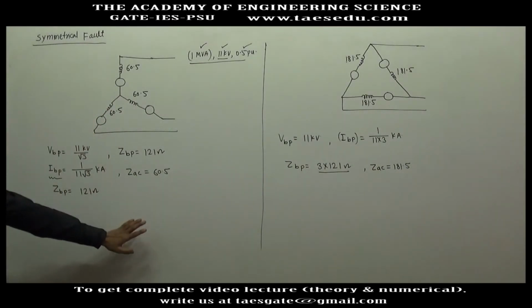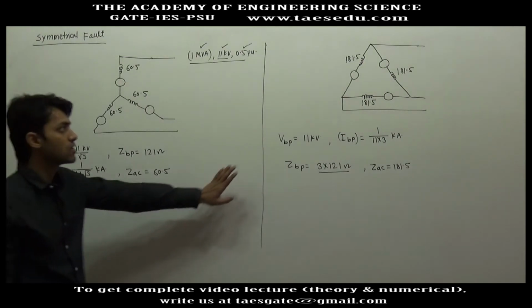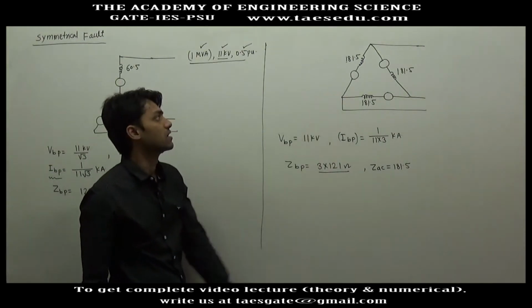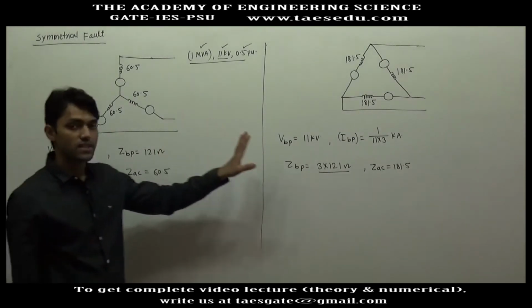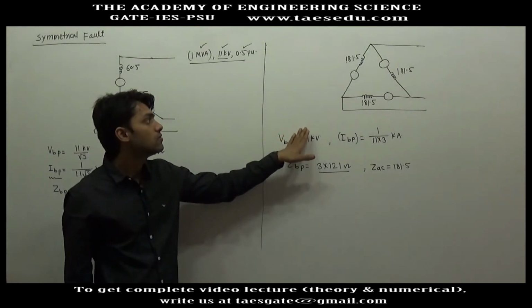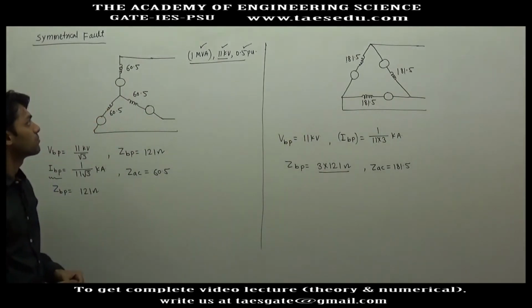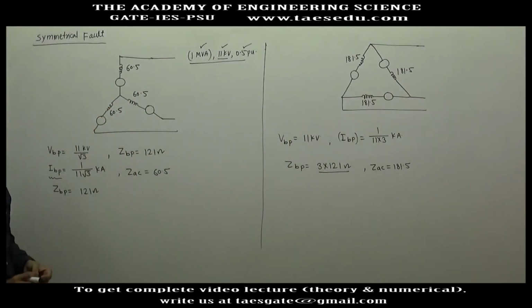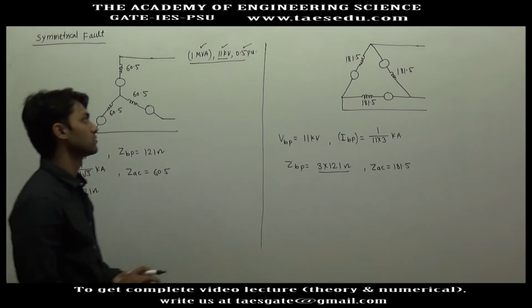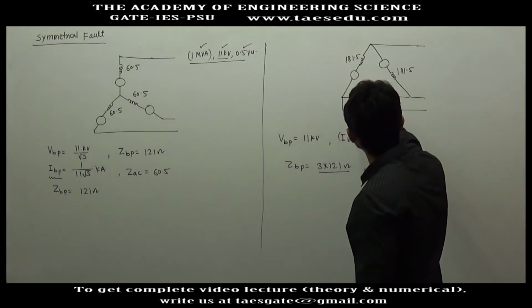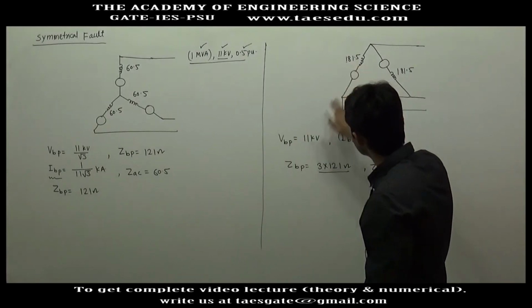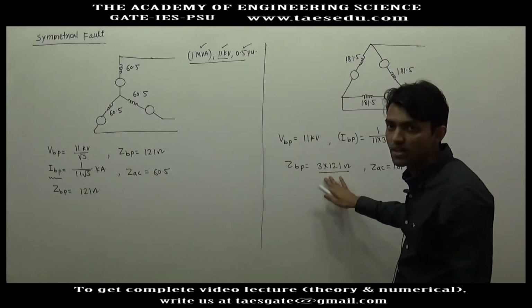If PU values are the same, the actual impedance in delta will be 3 times. Or if actual impedances are the same, then the PU value in case of a star will be 3 times. To make the actual impedance equal, you will divide it by 3, so the PU value will get divided by 3 here.